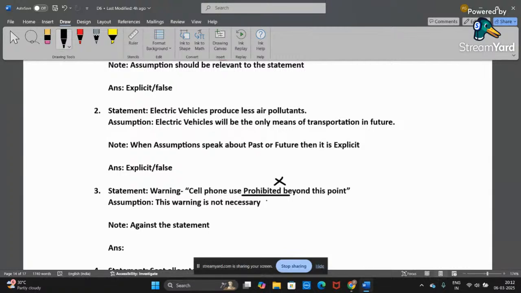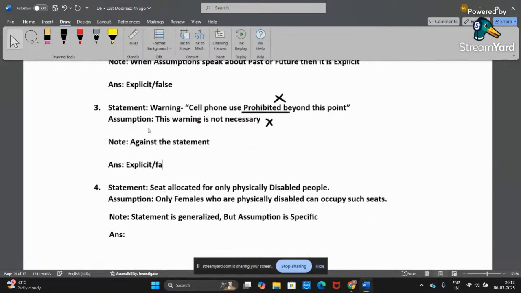They're against the statement. The assumption should always be related to the statement, but here it is against the statement. So your answer will be explicit or false.